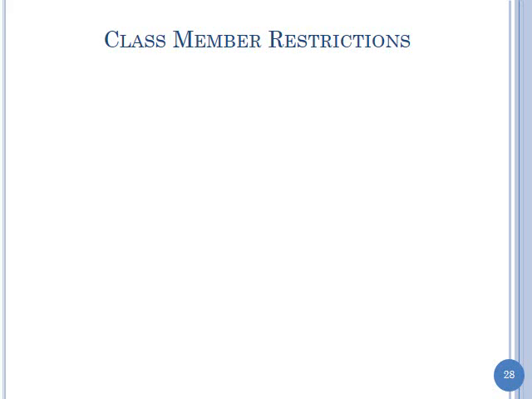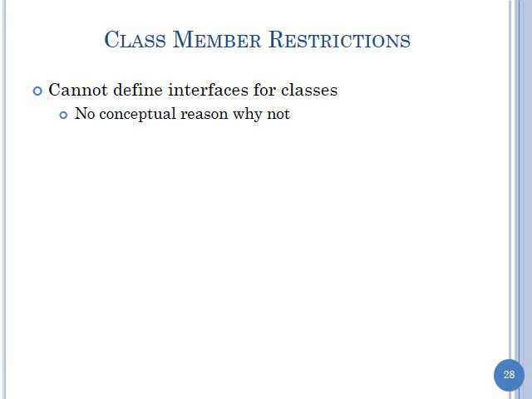Oh, so these slides should have been in opposite order. So, you cannot define interfaces for classes. There's no conceptual reason why not. In fact, before object-oriented programming came around, everything was static. Everything was a class method. And these classes were called, anybody know? You guys have dealt with languages that are not object-oriented, right? Some of you have done it.